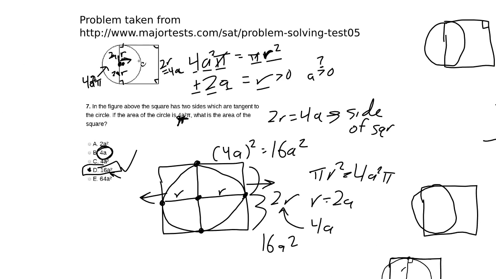But regardless, that actually ended up not mattering. The diameter of the circle was still the same either way, and the side of the square was still the same either way. And so this is the area. My mathematical intuition helped me get to an answer quickly.